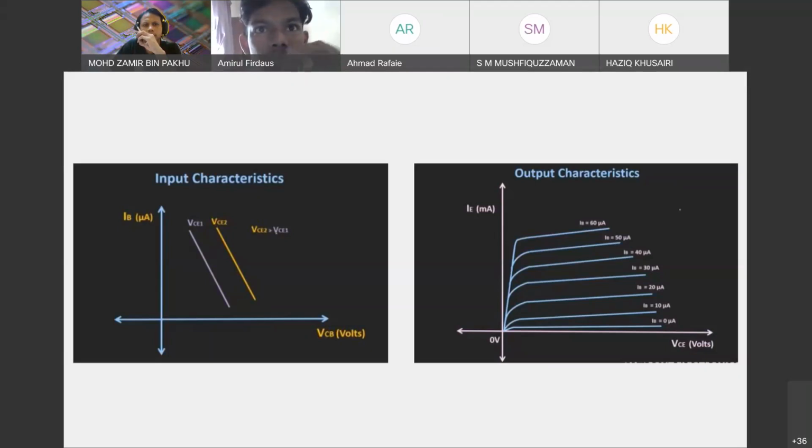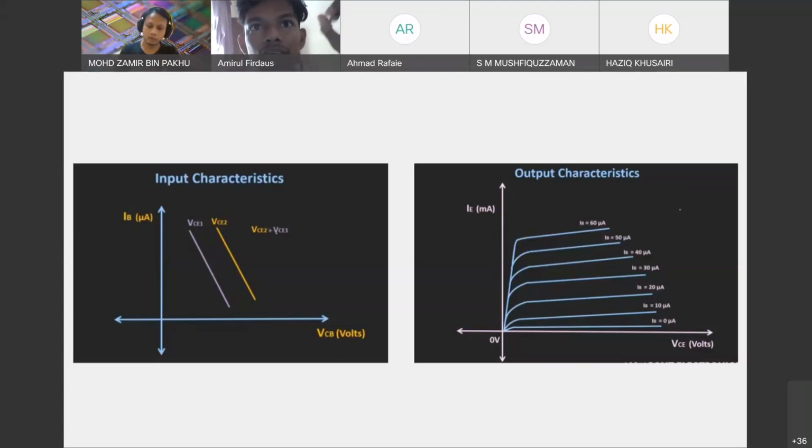Because VCE can be given as VCB plus VBE, as we increase VCB, the width of the depletion region will also increase.